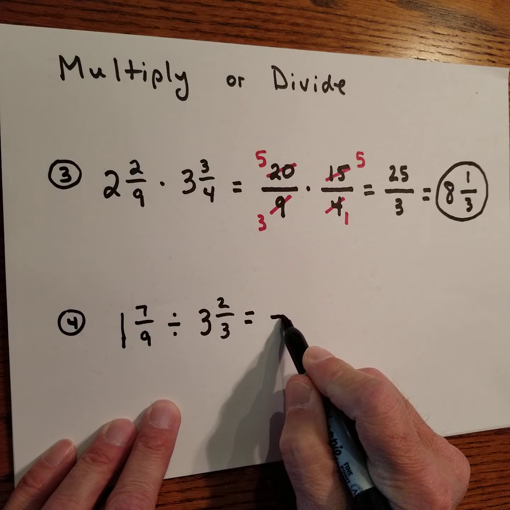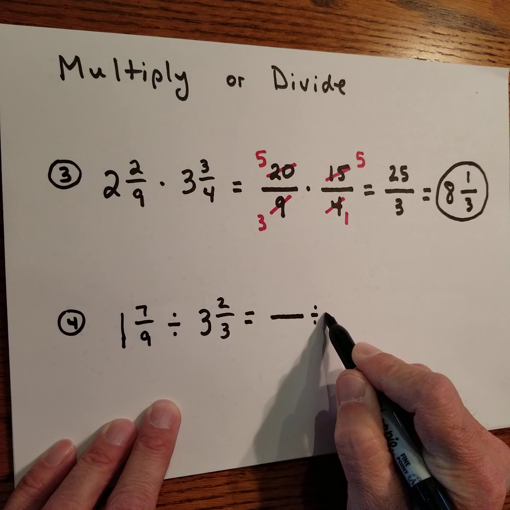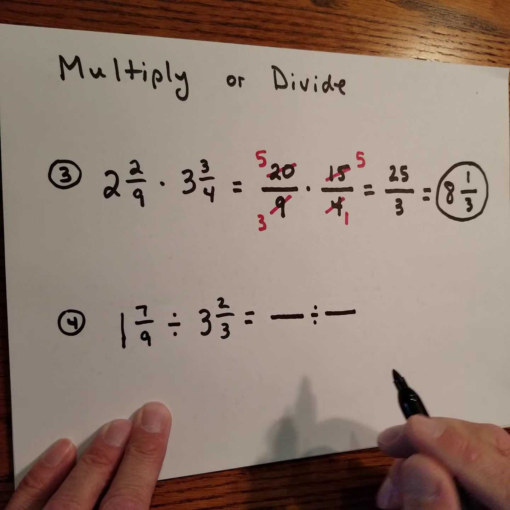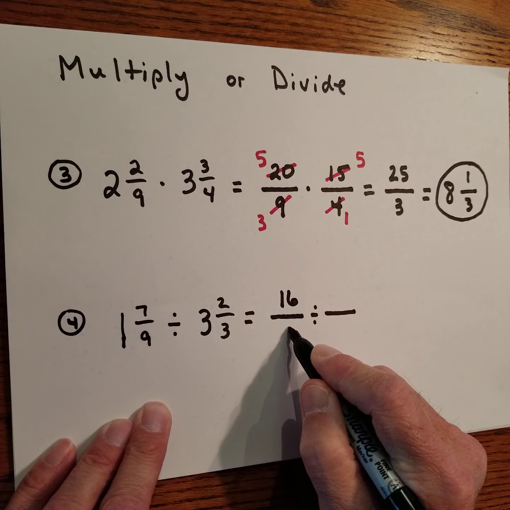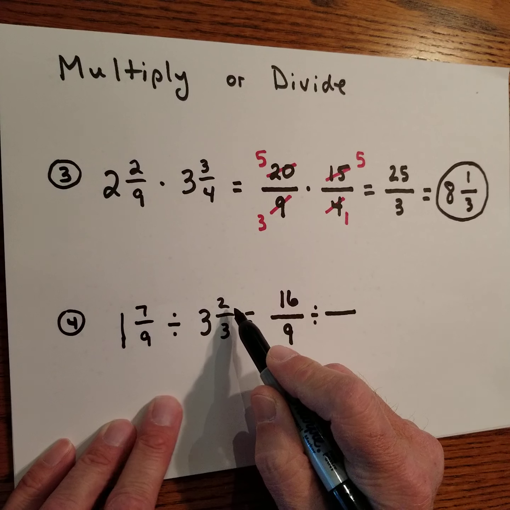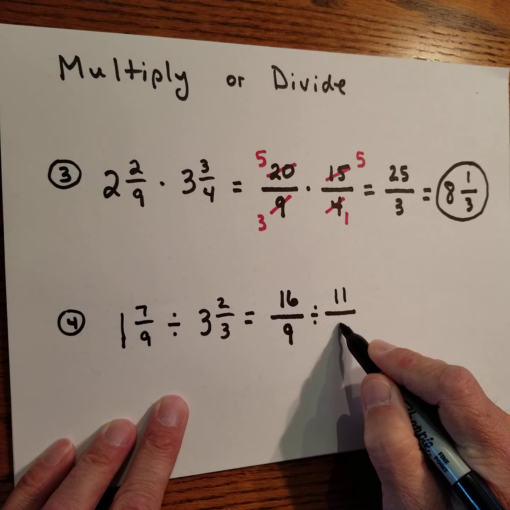For number 4, again, let's start with improper fractions. 1 times 9 plus 7, that's 16. 3 times 3 plus 2, that's 11.